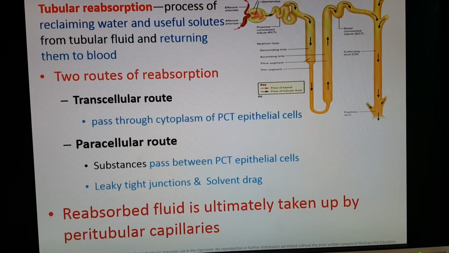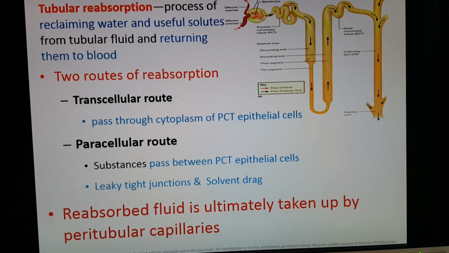So first step, tubular reabsorption. So there's a transcellular route, so going straight through the cells. So stuff that is lipid soluble can pass through those cells. Or the pericellular route, so going through the gaps in between those epithelial cells. So the fluid can take whatever's dissolved in it and drag it through.